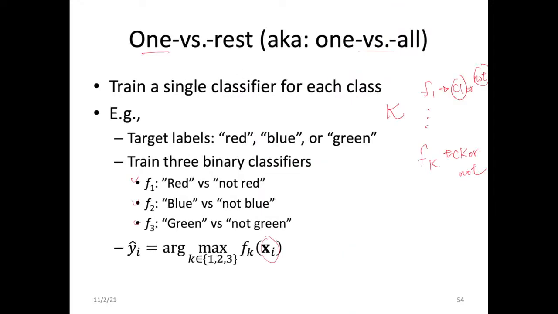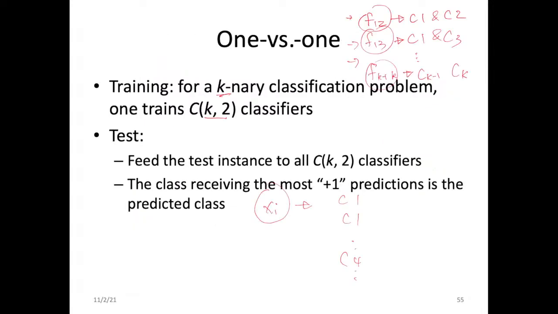So if we compare these two, one versus rest and one versus one, which one is better? Or perhaps let's think about which one is faster in terms of training time.